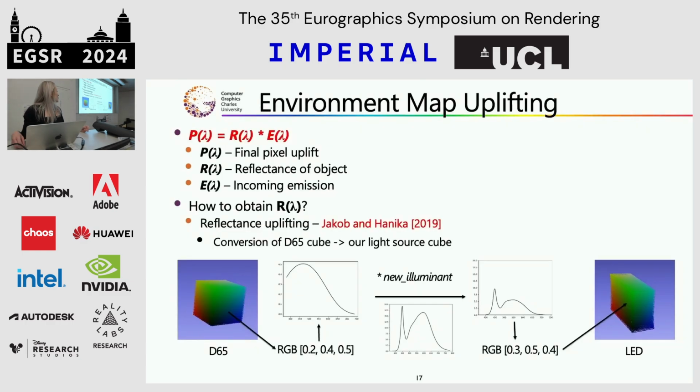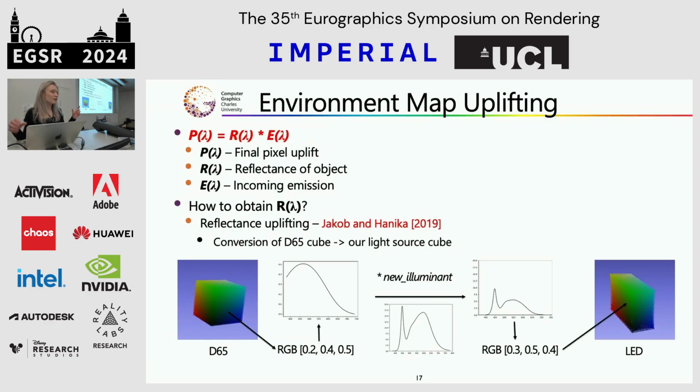So once again, to recap, the final pixel uplift is a multiplication of the reflectance of the object the pixel belongs to times the incoming emission. We make a simplification that this incoming emission is only a result of one light source, and that is the cluster's light source. Therefore, what remains to be determined is only the reflectance. And for this we use an existing reflectance uplifting technique, the one by Jakob and Hanika that I've already talked about before.